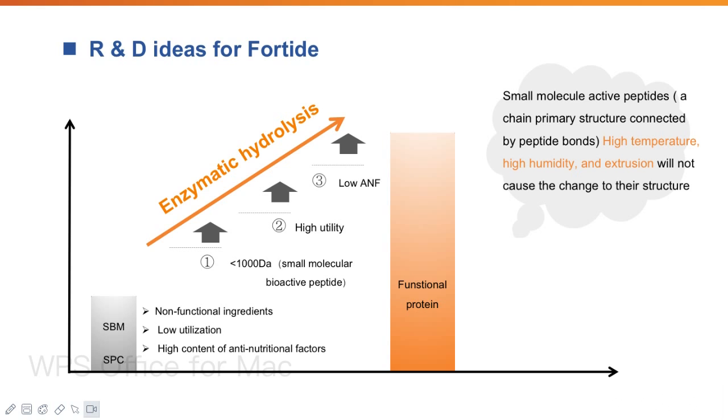On the other hand, in the process of enzymatic hydrolysis, the large molecules become small molecules, and it effectively eliminates the anti-nutritional factors, with an elimination rate of more than 95%. Therefore, Fortide also has the feature of high digestive utilization and low anti-nutritional factors. We know that anti-nutritional factors will cause a bad effect on the physical barrier of the intestine.